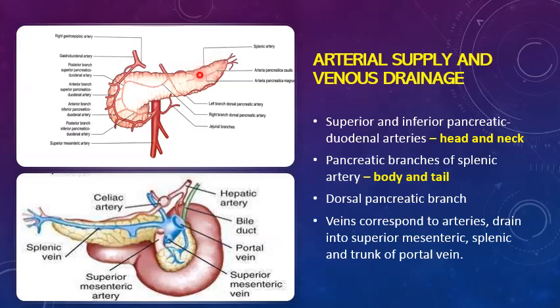The splenic artery gives off smaller branches to supply the body and the tail, but it gives off a larger branch called the arteria pancreatica magna, and this accompanies the main pancreatic duct. Here is the duct we have seen in the earlier slides, which starts from the tail and runs towards the right side. So the main pancreatic duct is accompanied by this arteria pancreatica magna.